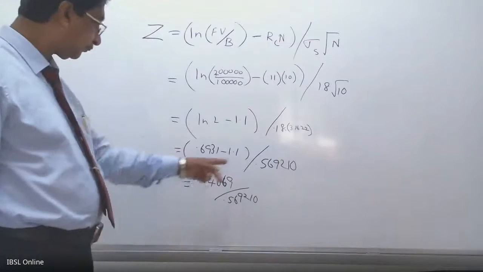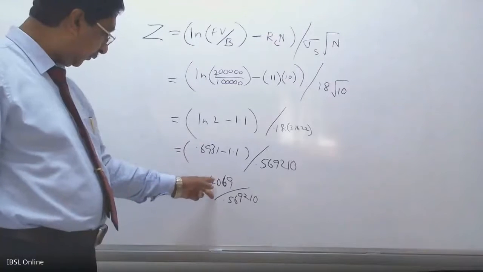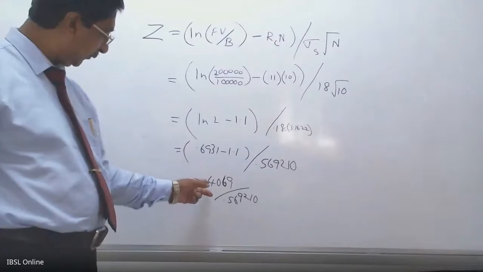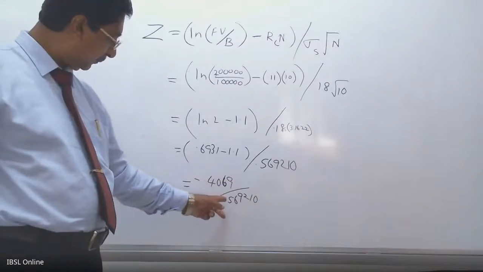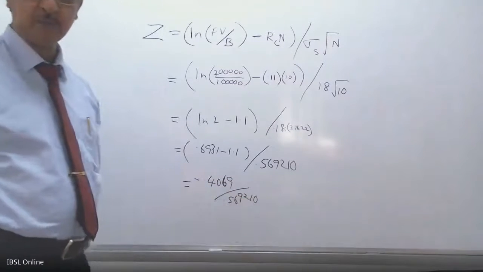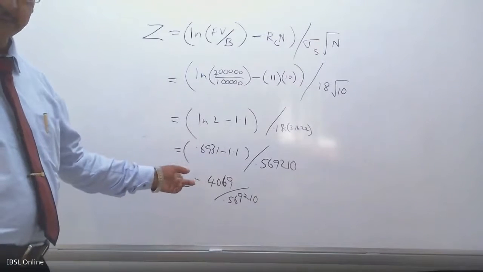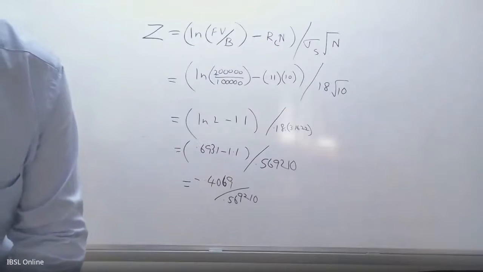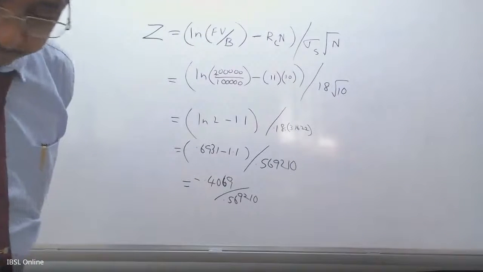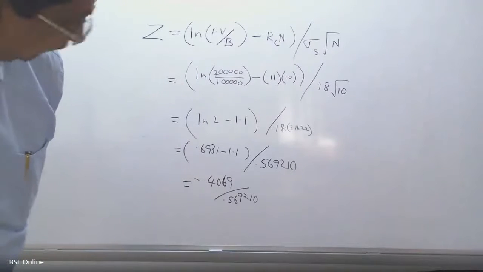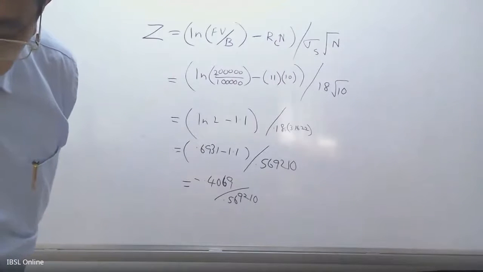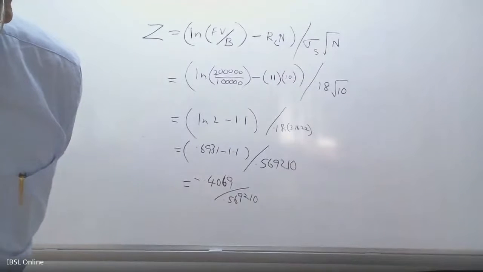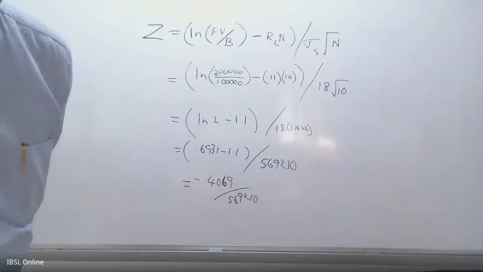So now when you work it out, you can divide 0.4069 by 0.569210. Then you need to get the answer. What is that answer? Yes, you will get minus 0.71485.